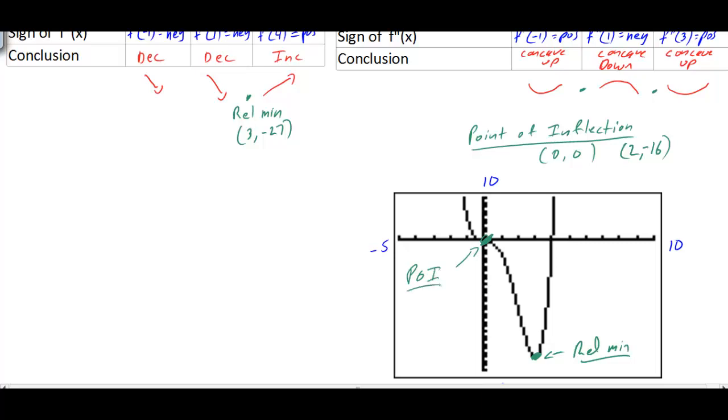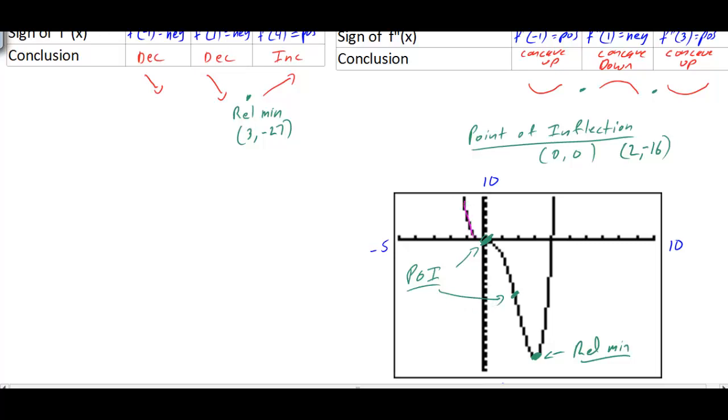And then you'll notice also at 2, -16, and sometimes this could be hard to see, but actually right about in here you can see that we have another point of inflection. So our graph is changing here.